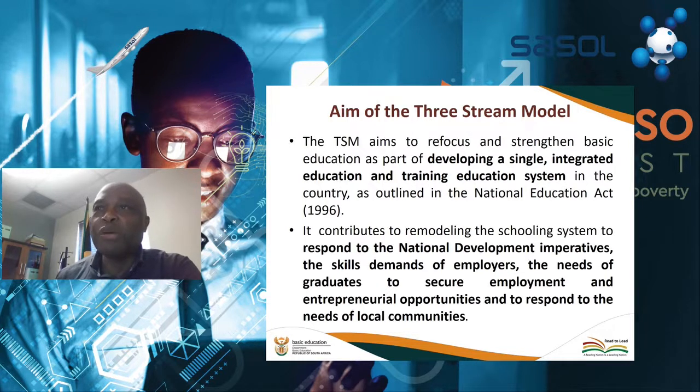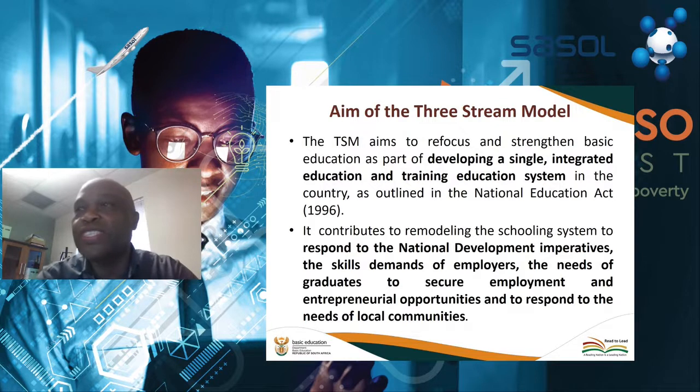It contributes to remodeling the schooling system to respond to the national development imperatives, the skills demands of employers, the needs of graduates to secure employment and entrepreneurial opportunities, and to respond to the needs of local communities.